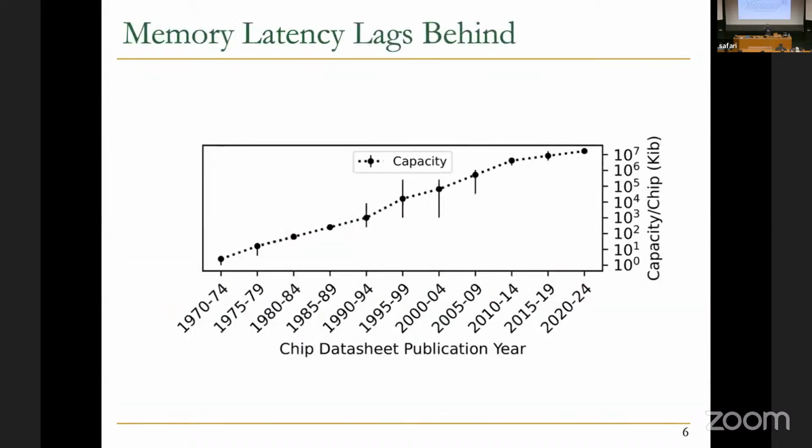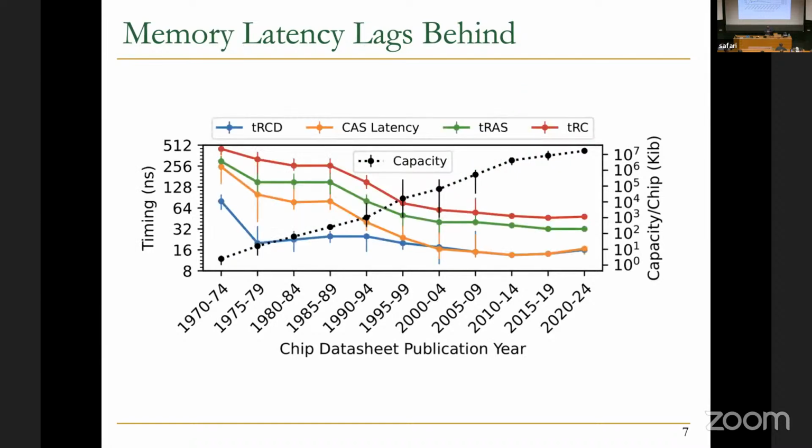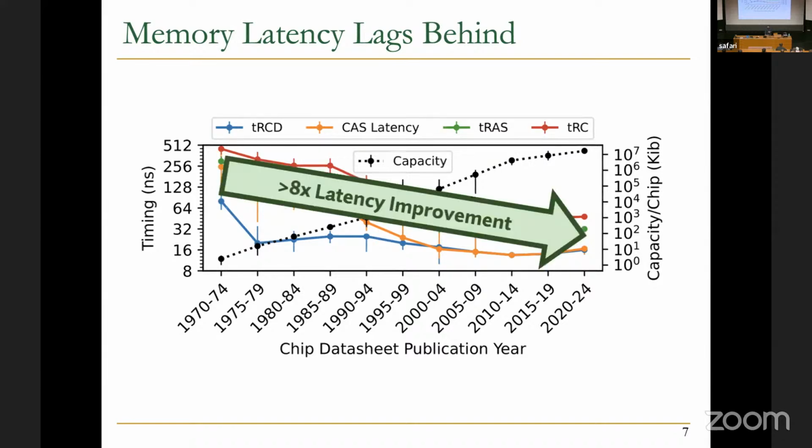This is the promised updated plot from yesterday. On the x-axis, we go from 1970 to 2024 now. As you can see, the DRAM chip capacity increases a lot over generations. We see more than a million times capacity improvement. But when we look at the different access latency parameters, you don't have to worry about the abbreviations there. These are basically the latencies of the activation, precharge, and other operations that I mentioned earlier.